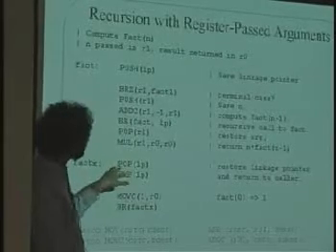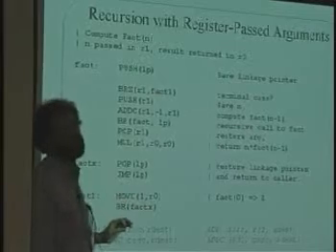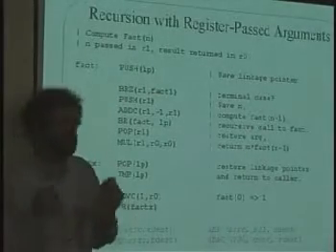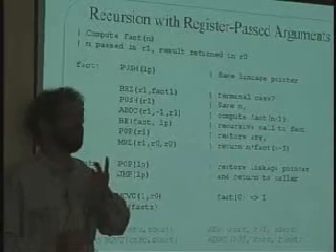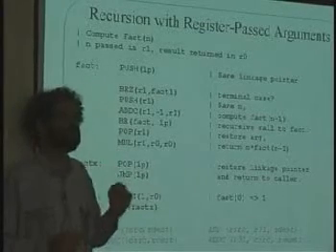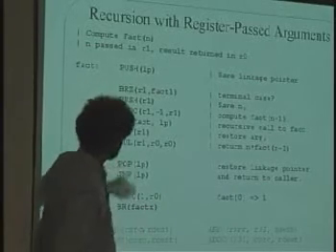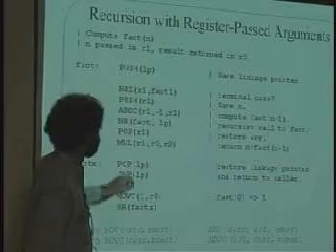So in this case, the saving of LP was not actually necessary. But usually the way these disciplines work is that you decide the very first thing you're going to do in the preamble of a function is save away the registers that might be wrecked. So we're going to just save LP, and in the postamble, the last part of a function, we will restore LP and then jump to it.